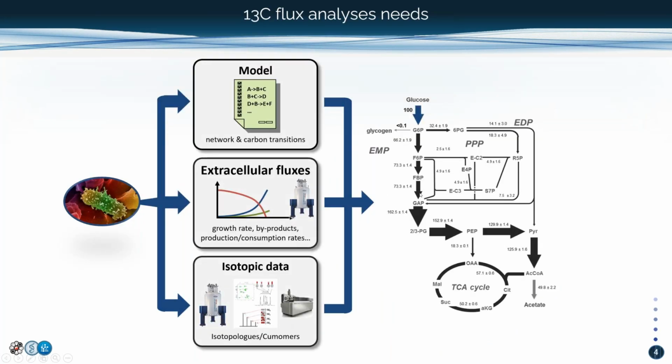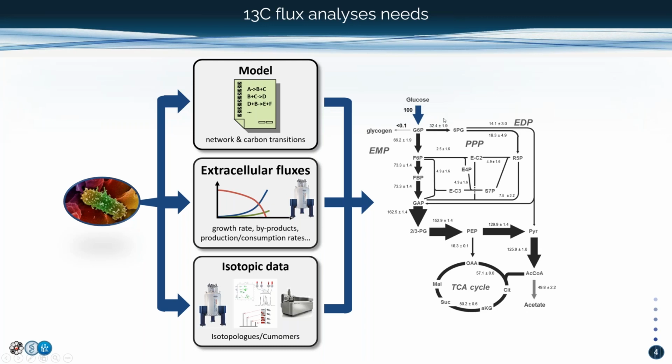In the end, to get a flux map, we will need different tools. First, a stoichiometric model of our central metabolic network, and carbon transitions, so to know how the carbons are reorganized between the metabolites in the network.